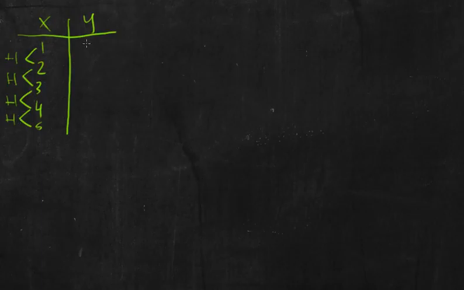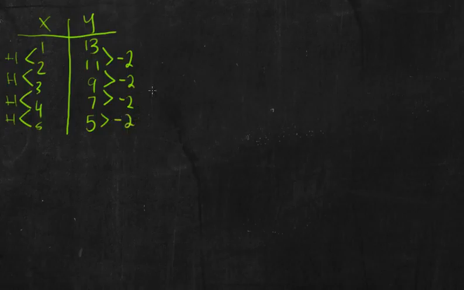And this time, you notice what's happening is that it's not going up, it's going down by 2 each time. Just like that. So we start out the same way.